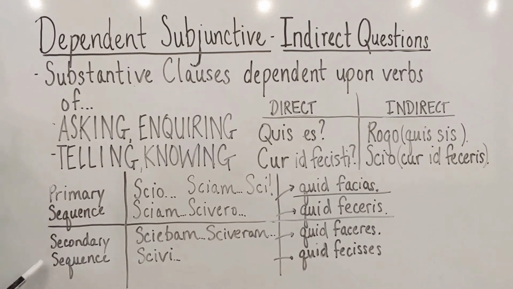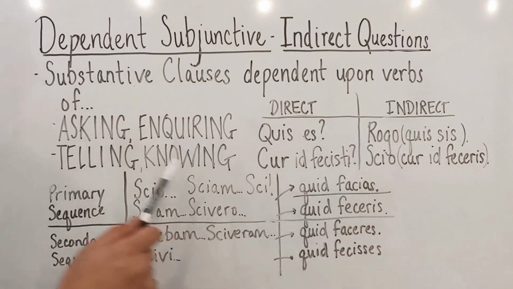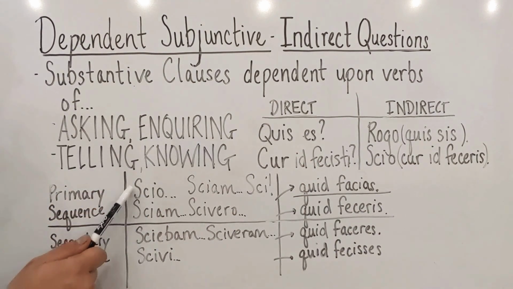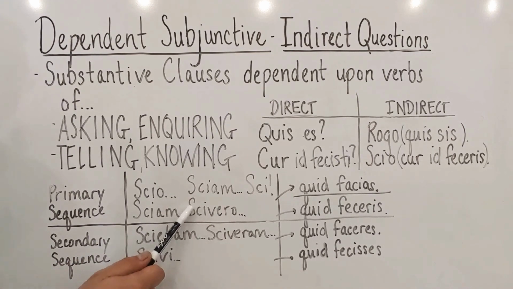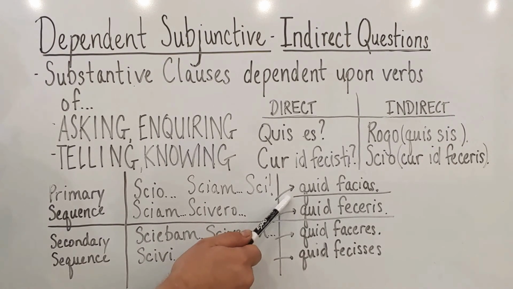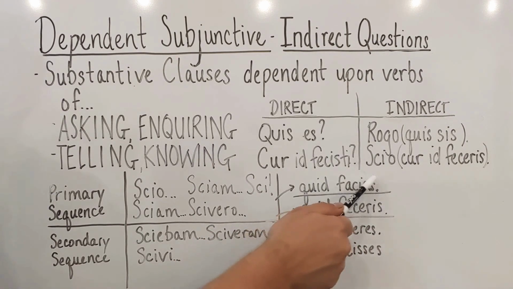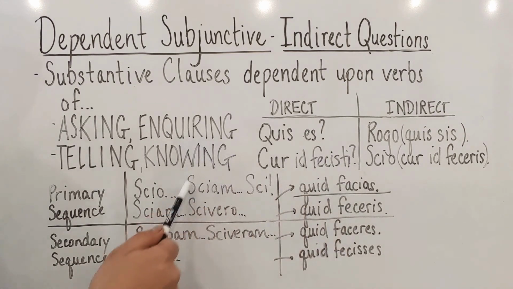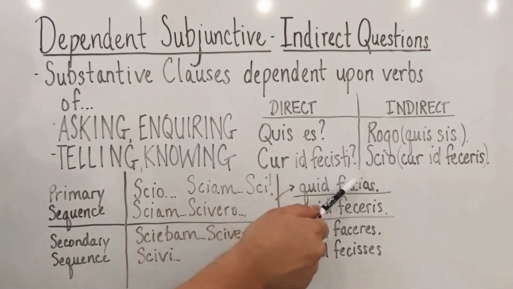Primary sequence and secondary sequence, just like with fearing clauses. So if your main verb, your introductory verb of asking, inquiring, telling, or knowing, is present tense, present subjunctive, imperative, future indicative, or future perfect indicative, then in the dependent subjunctive clause, in the indirect question, you will have the present subjunctive for actions which are contemporaneous, same time, or subsequent to the main introductory verb.